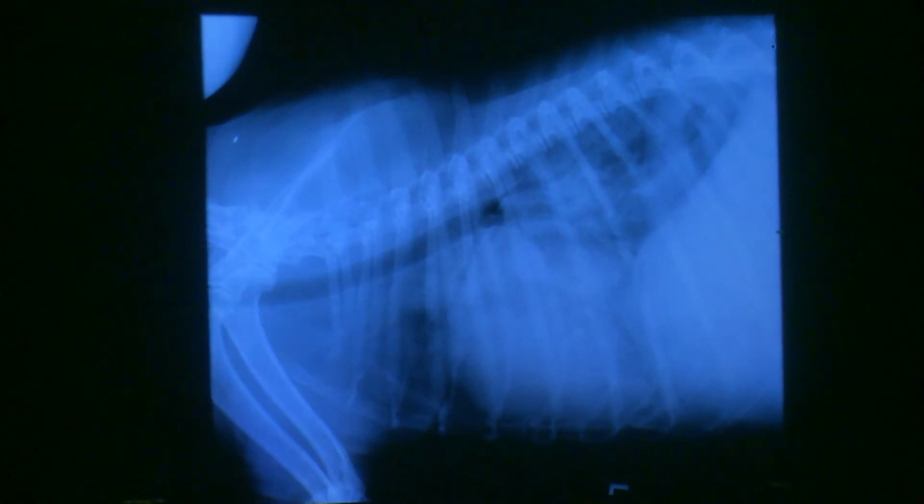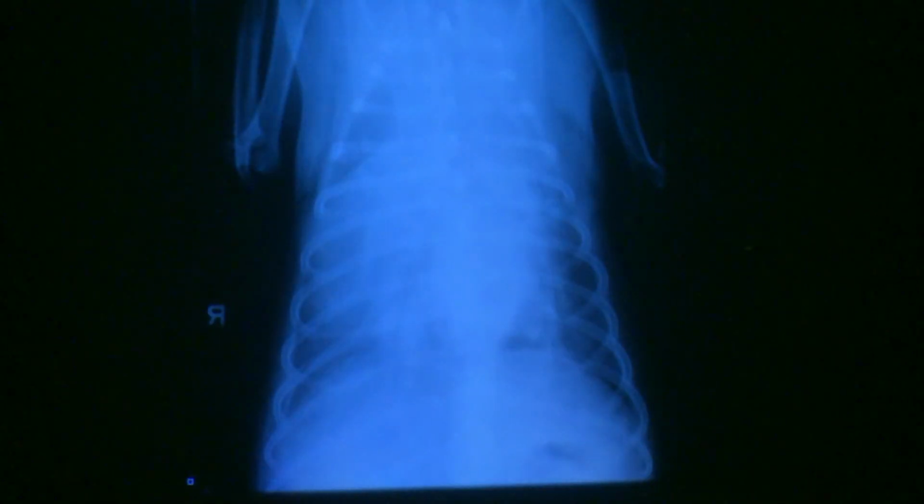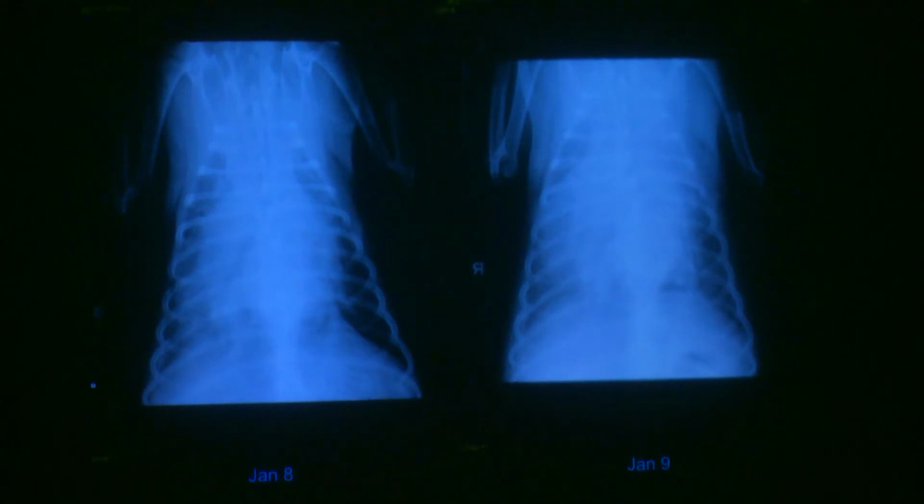So now what does she look like? So this is now the following day. Yikes. We still got a lot of trouble. Again, this view I find potentially less informative. Most of this, by the way, is massive left atrium. Nevertheless, her lungs are still pretty ugly. So here's January 8, now January 9.